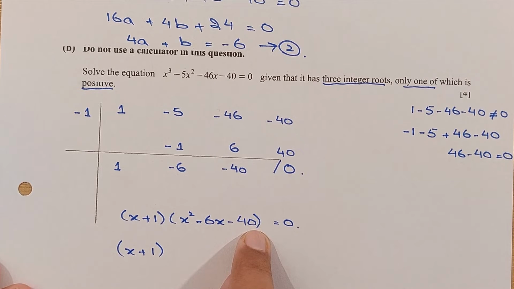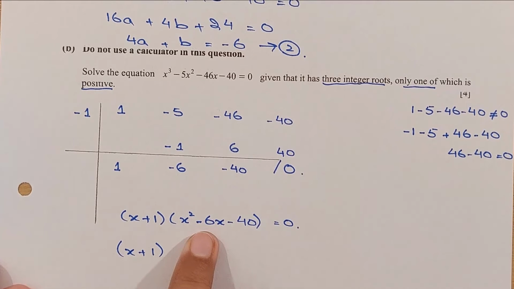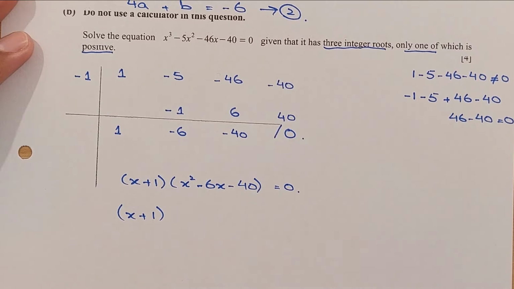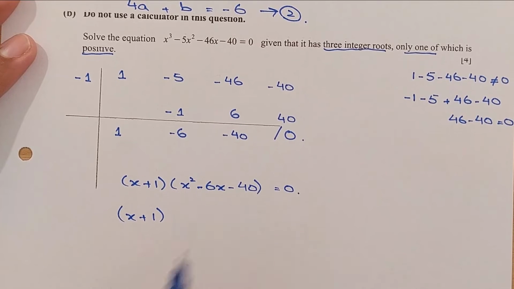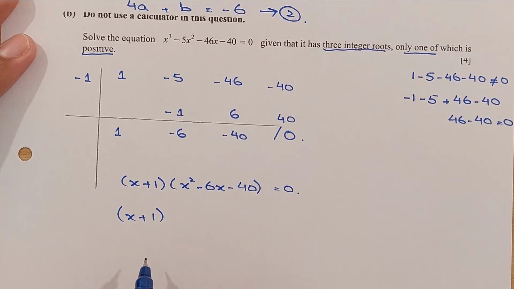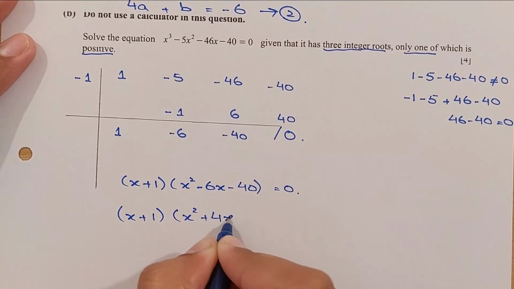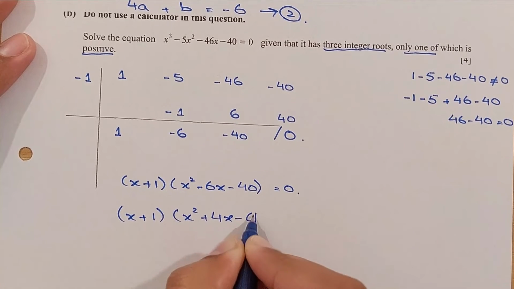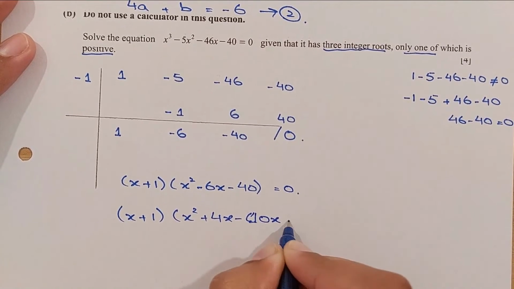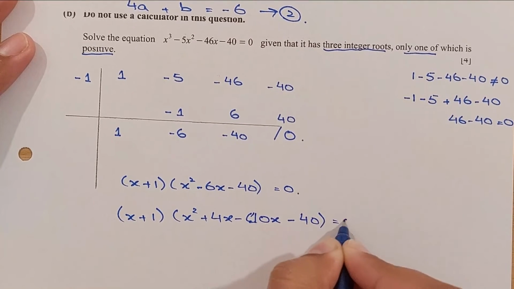Or we can say that we need to find the factors of 40 whose difference or sum must be negative 6. So 4 times 10 is 40, and 4 minus 10 is minus 6. So x squared plus 4x minus 10x, sorry, minus 40. This is equal to 0.